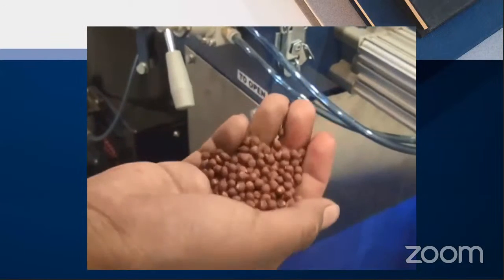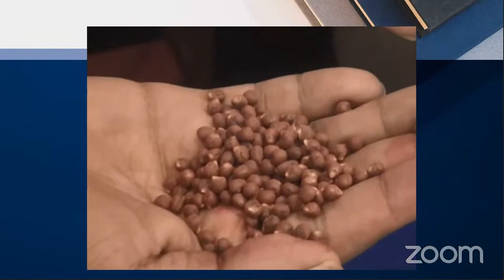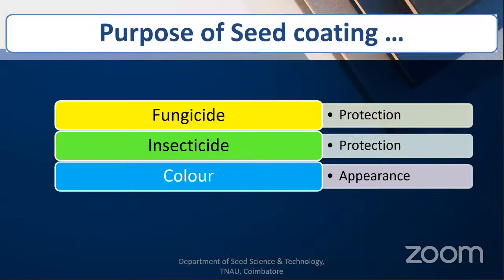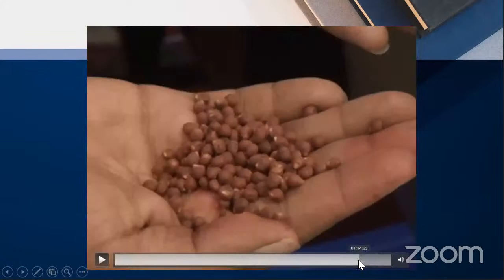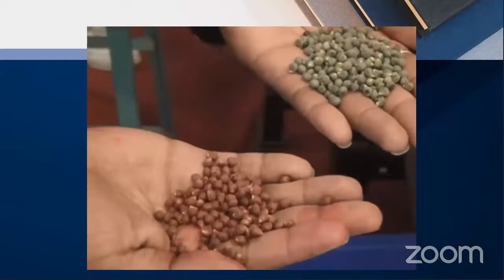Bendy seeds. So you can see the difference between the normal bendy seeds and the coated seeds. So this is coating. That is a drum which rotates at a given RPM, and then the polymer will be sprayed on it so that it gets coated like this.